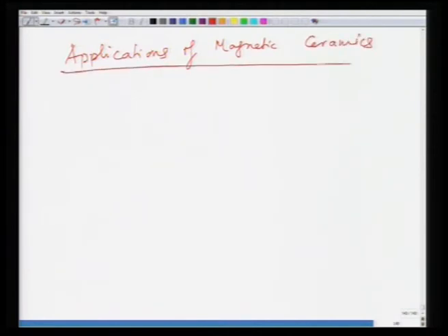So the applications of these magnetic ceramics: as I said, they are used as inductors, cores in transformers, etc., and electromagnets.